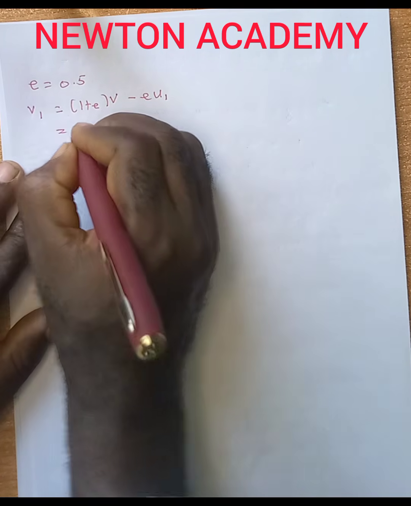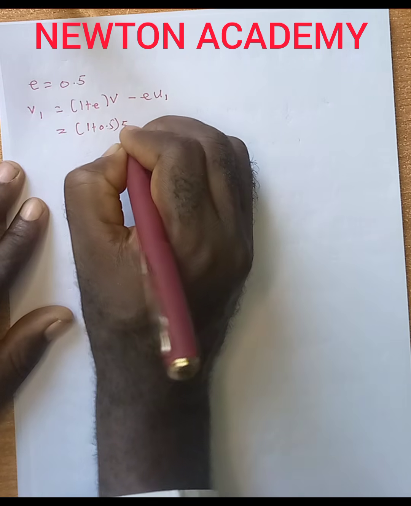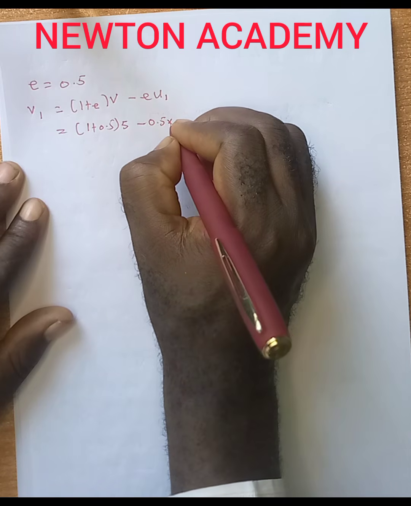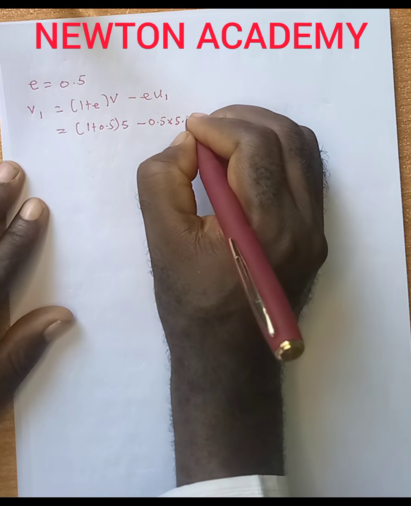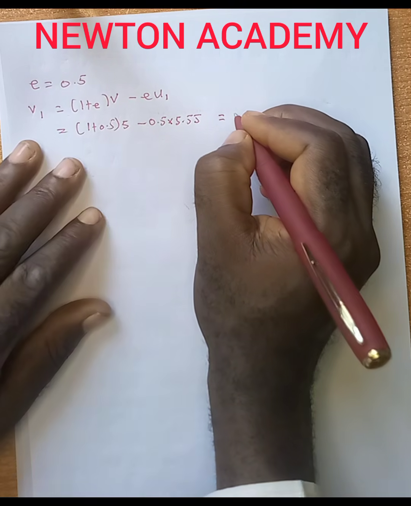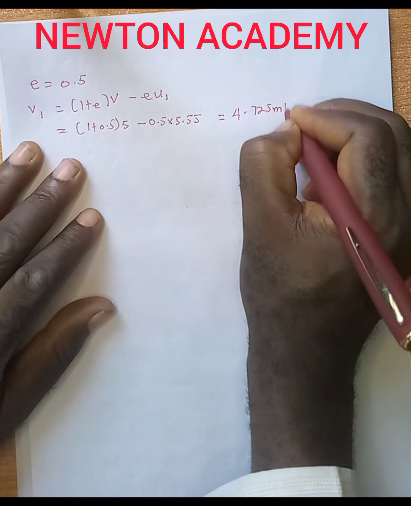And this will give us (1 plus 0.5) multiply 5 minus 0.5 times 5.55, and this gives 4.725 meter per second.